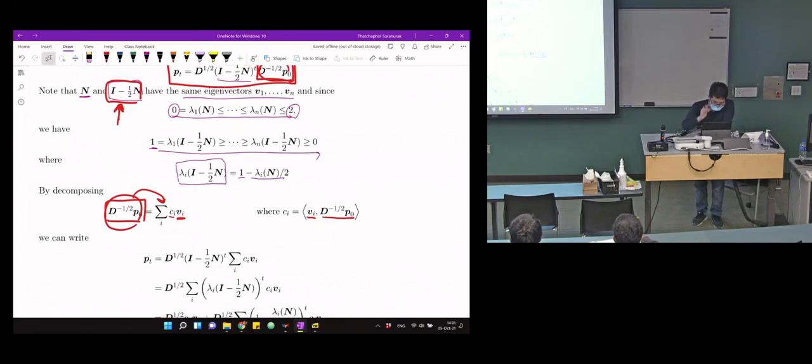Now it's good, because we wrote it in the eigenbasis. So when you apply this matrix t times, you stretch the vector on the ith eigenvector direction by this much.